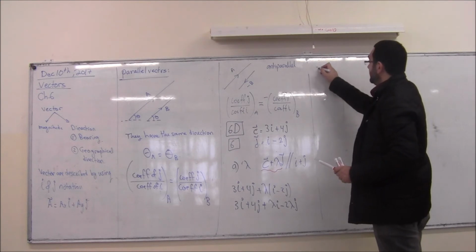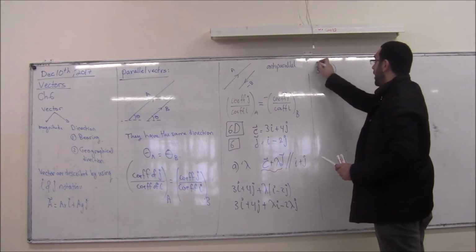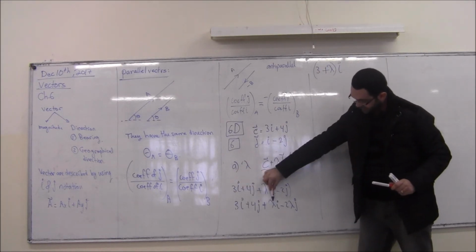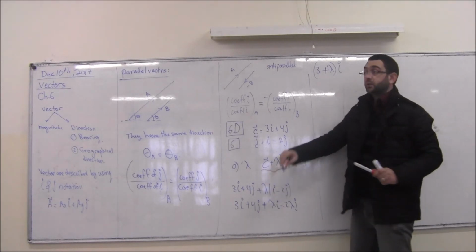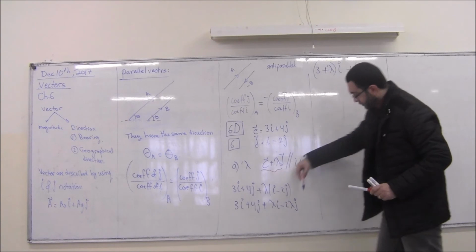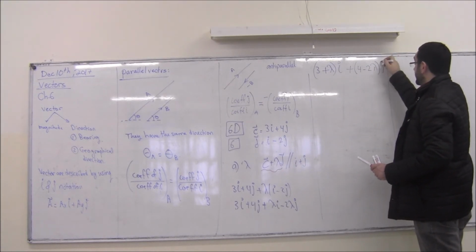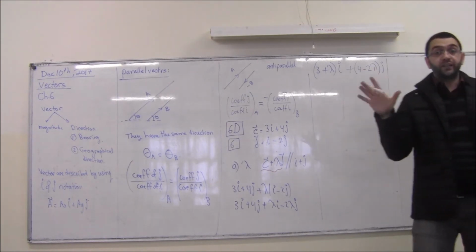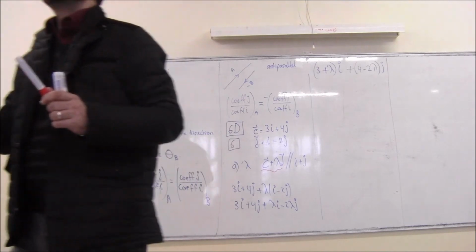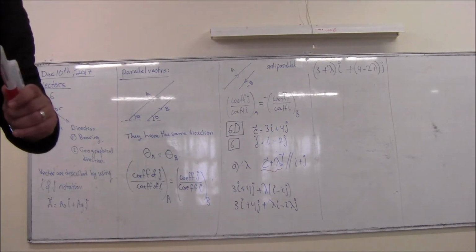So this becomes 3 plus lambda i plus 4 minus 2 lambda j. Again, i and j are perpendicular and independent. I can't add i to j or j to i. Is that clear?